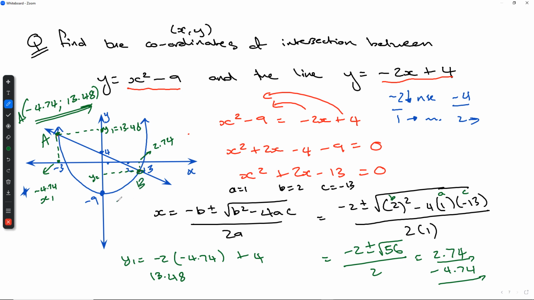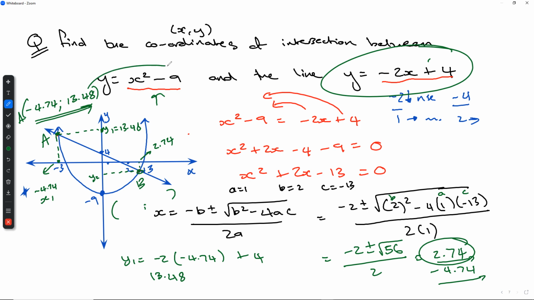Point B at the bottom will also be found using substitution, but this time we will substitute 2.74 into this equation, which is easier maybe than that, or not. We could use this equation as well. So we get y2, I'll put it over here. It's going to be negative 2 times 2.74 plus 4, which is equal to negative 1.48.